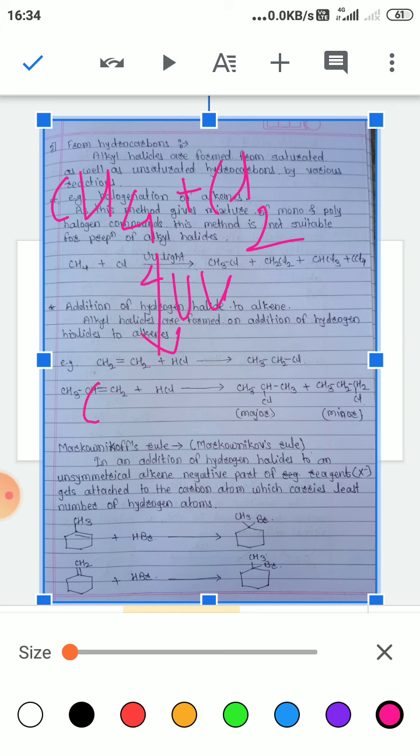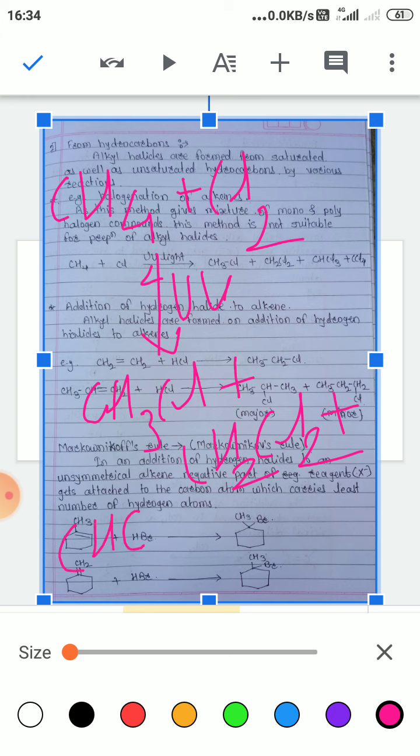It gives methyl chloride CH3Cl plus methylene chloride CH2Cl2 plus chloroform or trichloromethane CHCl3 and carbon tetrachloride. That is, in methyl chloride only one hydrogen is substituted by chlorine.